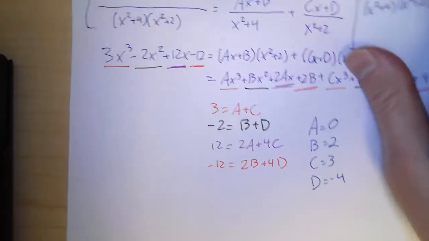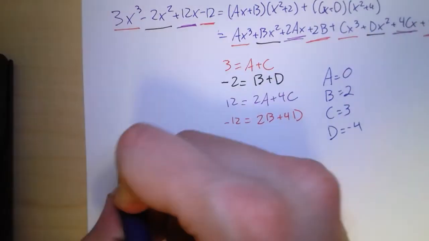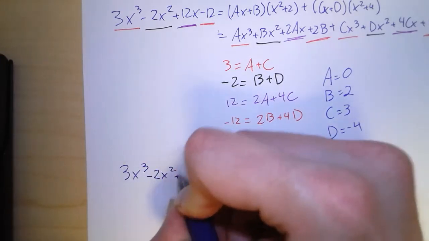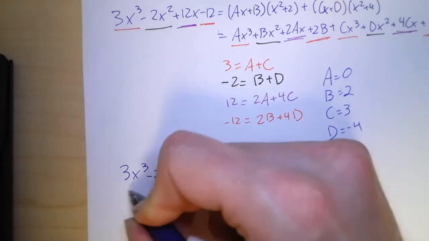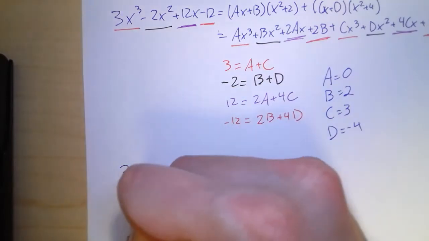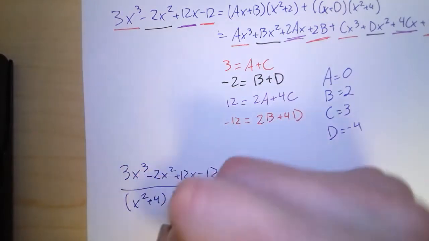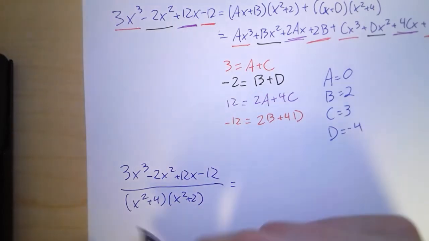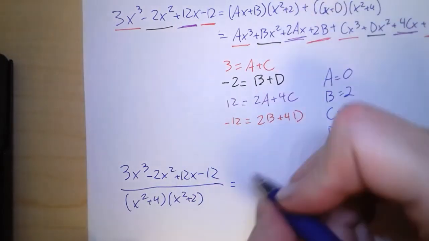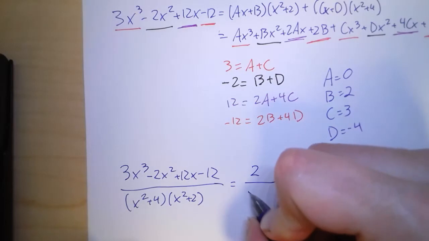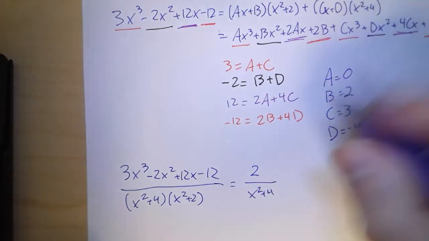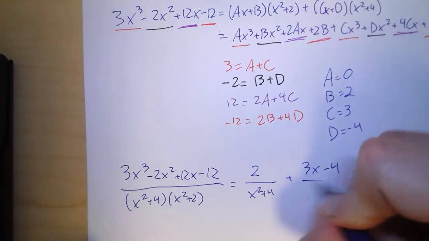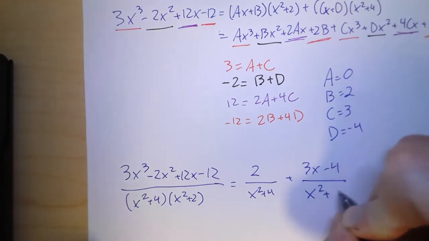So when we write all this out as our answer, we have 3x cubed minus 2x squared plus 12x minus 12 all over x squared plus 4 times x squared plus 2. Now there is no a, there's just b, so it's just a constant of 2 over x squared plus 4. And then c is 3, so 3x minus 4 all over x squared plus 2.